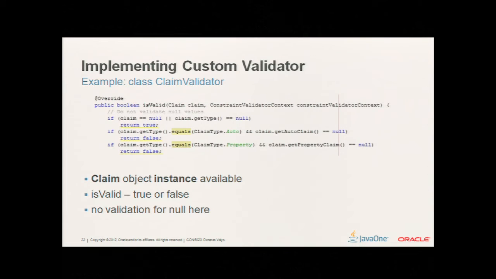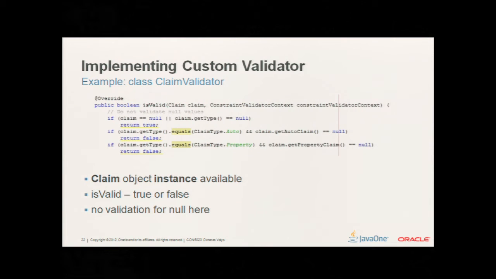We basically implement the method isValid, and we get access to the object instance, in our case a claim. So having a claim object, we can simply implement business constraints with a few if statements.